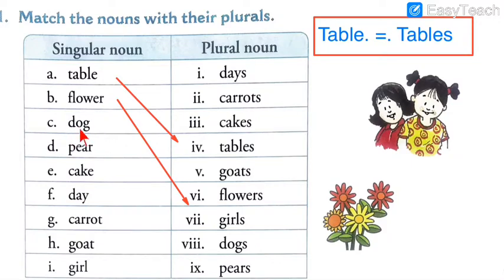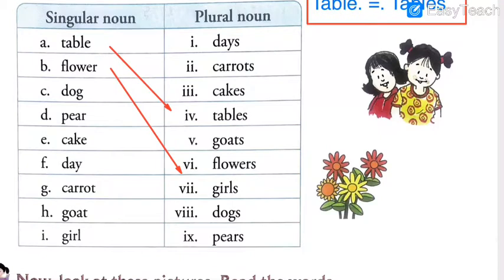Next one is dog. So dog, the same way, we just have to add s. It becomes dogs. So where are the dogs? Here. Yes. I know that dogs are there outside on the streets, outside of your home, but here we are finding the option dogs, and here it is.